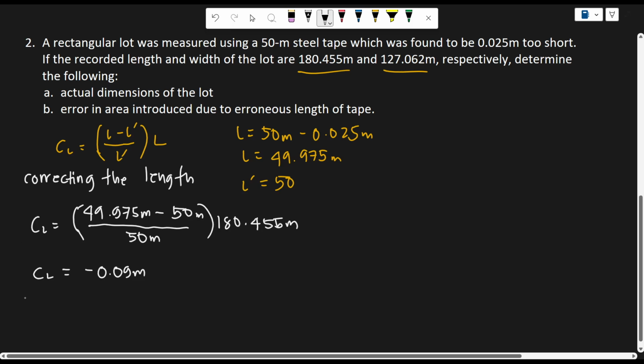So the correct length will be equal to 180.455 minus 0.09 meters, and for that you will get 180.365 meters.